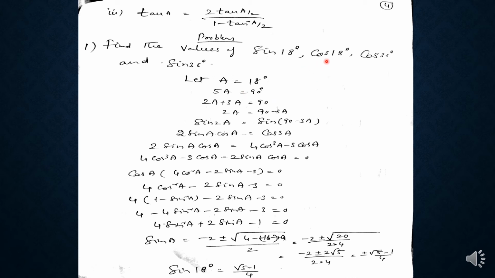So to find cos 18, we know that cos square a is equal to 1 minus sin square a. Cos a is equal to root of 1 minus sin square a, or cos 18 is equal to root of 1 minus sin square 18. That is root of 1 minus root 5 minus 1 by 4 whole square.